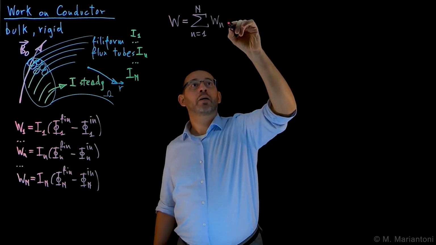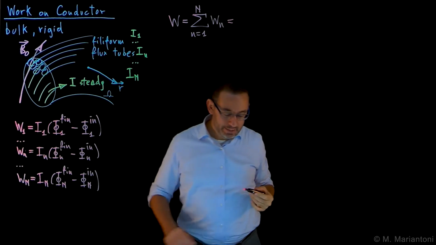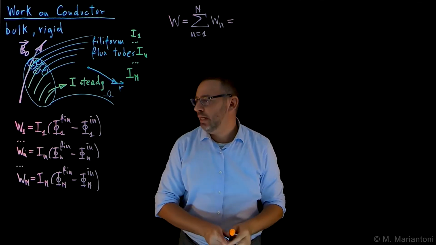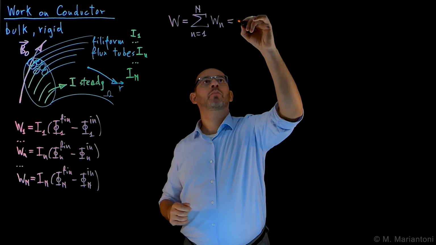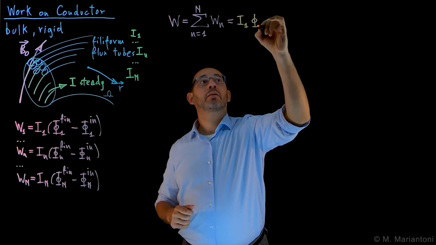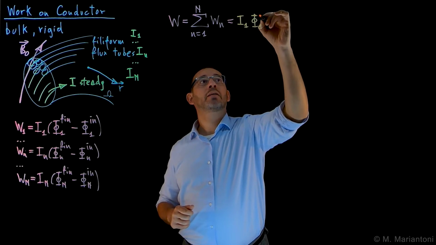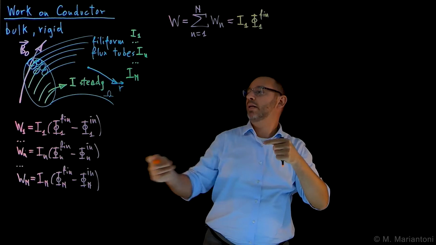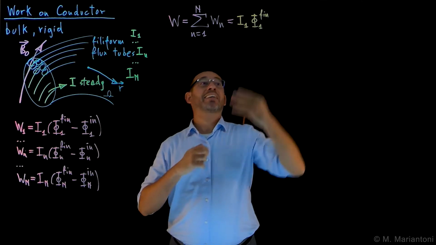So we have two series here. One series, the positive one, and the other one is negative. Positive, let's do it orange. We're going to have I1, positive I1, times phi 1 final. This is the plus one, and the initial one is the one I need to subtract from this.